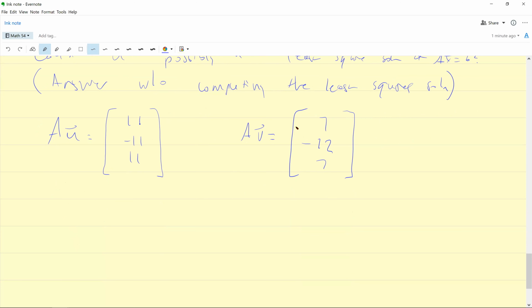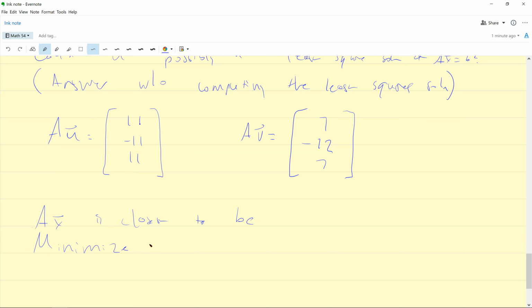So what's this least squares solution to A x equals b actually doing? It finds the A x that's closest to b. Right. And what do we mean by closest? The distance, or b minus A x hat, the length of b minus A x hat is smaller than b minus A x for any other x. Right.